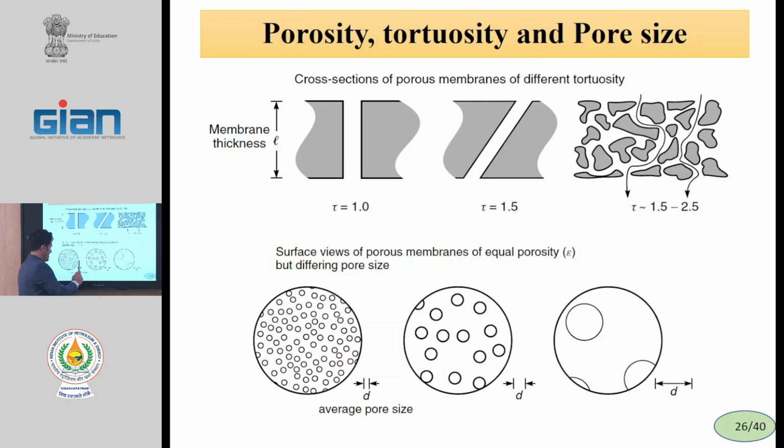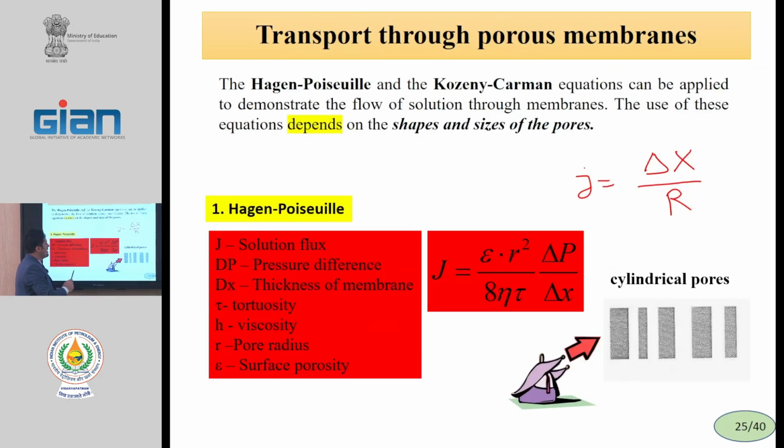Higher viscosity, lower flux. The pore size, with the square, shows that pore size is very important compared to the others. With increasing pore size, flux increases, and epsilon is the surface porosity. With increasing porosity, the flux increases.